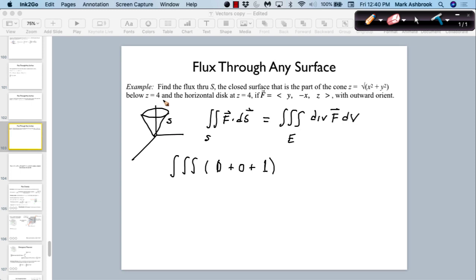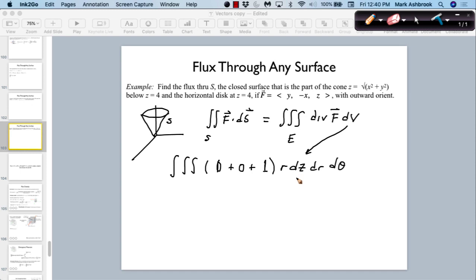How do we want to solve the triple integral? We're going to use cylindrical coordinates, which is r dz dr d theta.